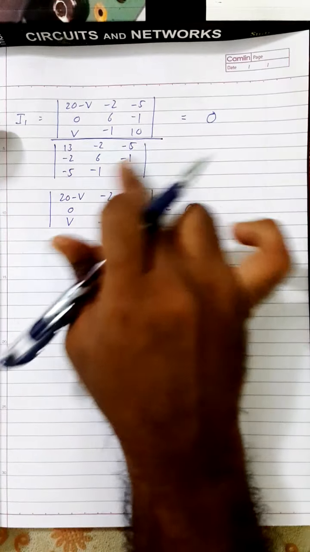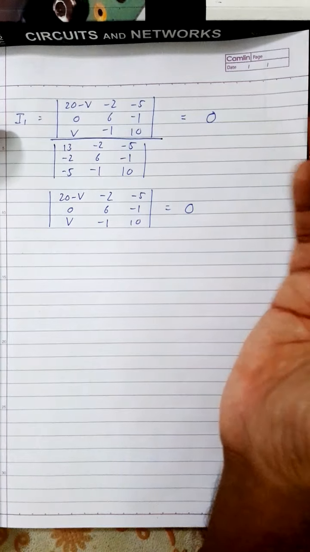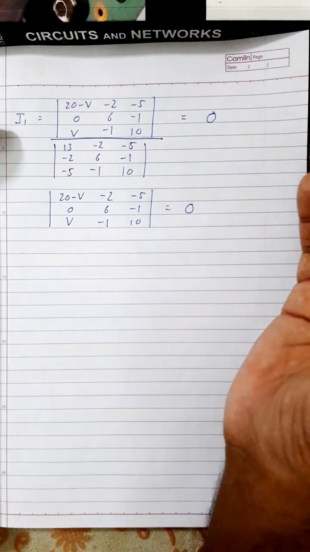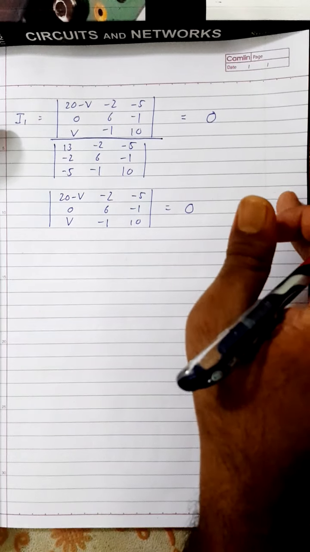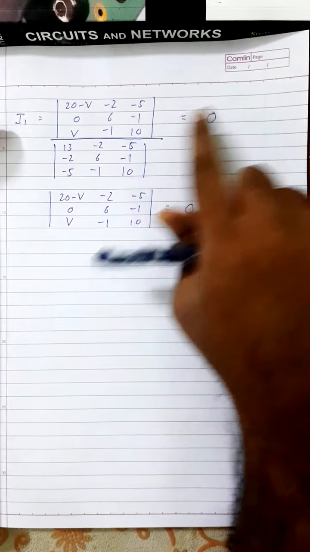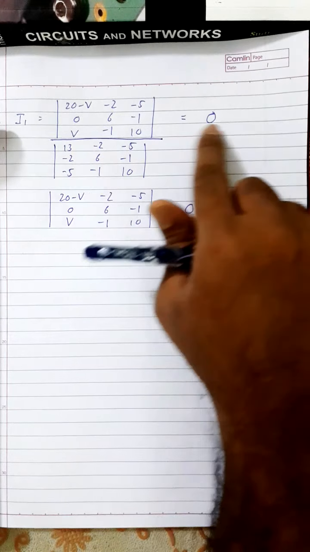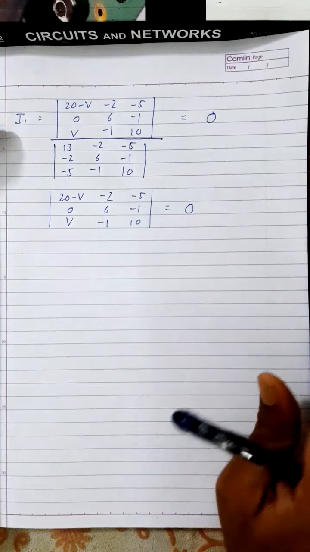Which means we don't have to even find the value of the denominator, right? Because 0 divided by any denominator is equal to 0. 0 divided by 5 is 0. 0 divided by 3 is 0. 0 divided by 7.2 is 0. So this denominator doesn't matter. Or if you simply take this to this side of the equation, this determinant into 0 is also equal to 0. Therefore, this numerator is equal to 0, right?